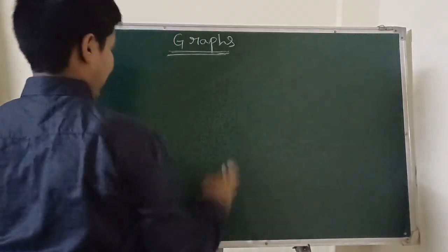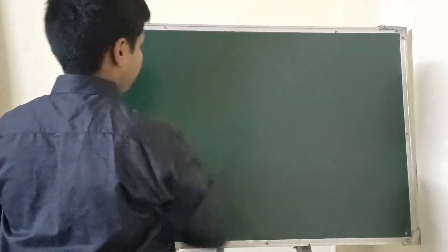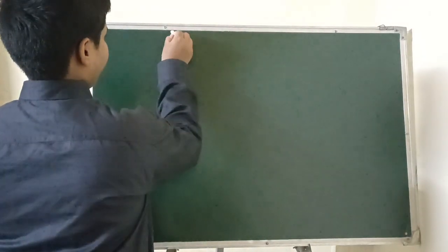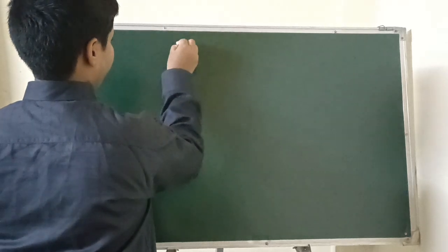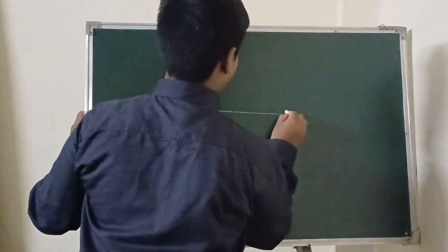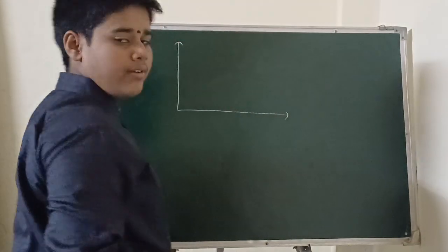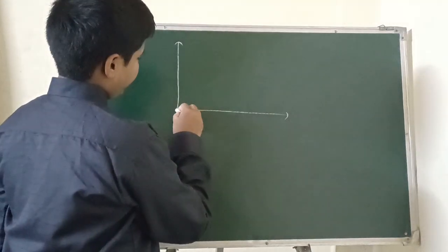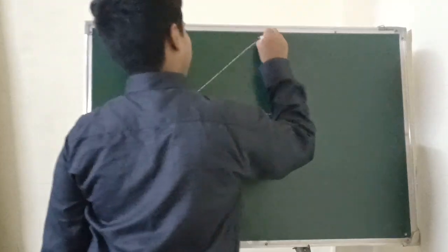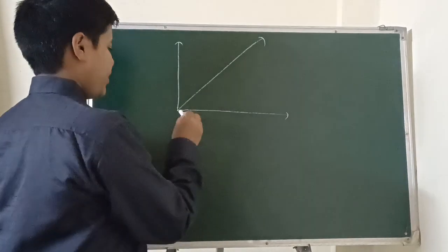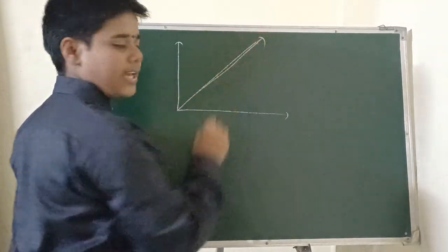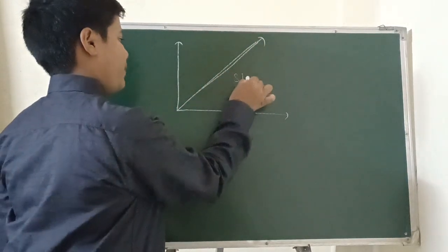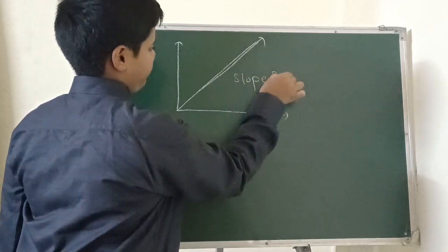So if you see in graphs, in graphs we already learned if a straight line is there like this, the slope is constant.